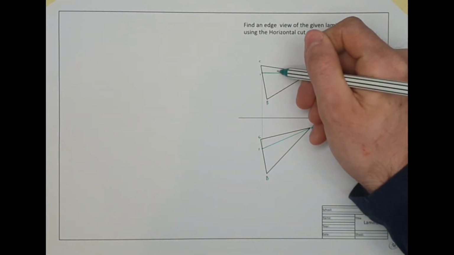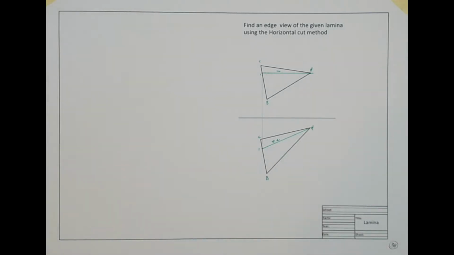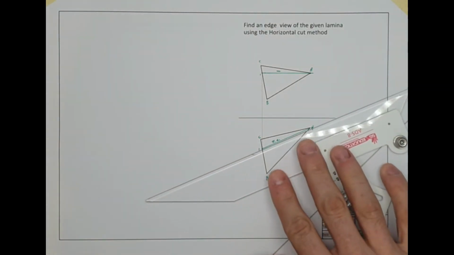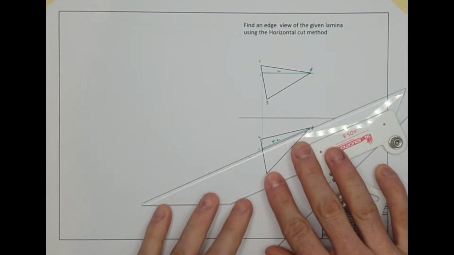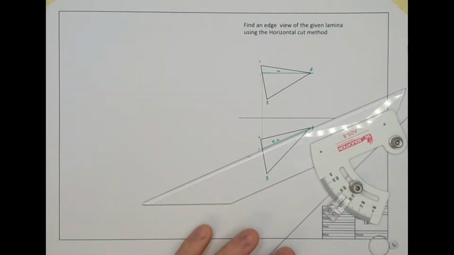Because it is a horizontal line in the elevation, it is a true length line in plan. If you look along a true length line, you get a point view of the line. If that line lies on a plane, you get an edge view of the plane. So that true length line right there in plan, if I view along the true length line, is it set up accurately? It is.